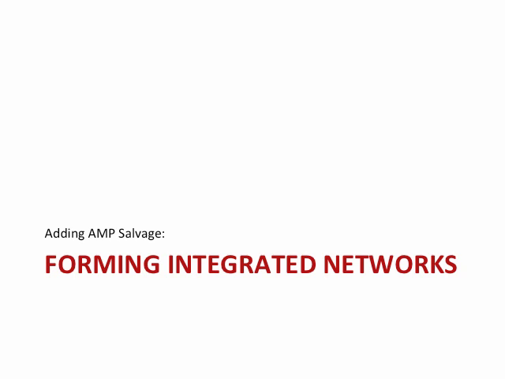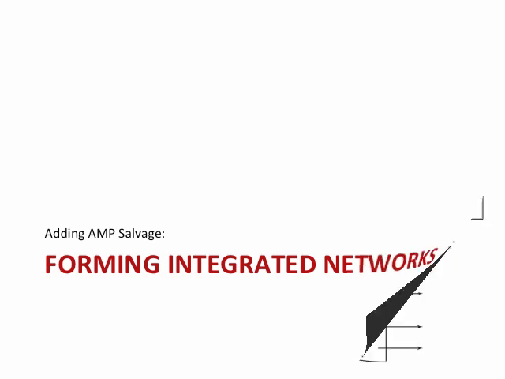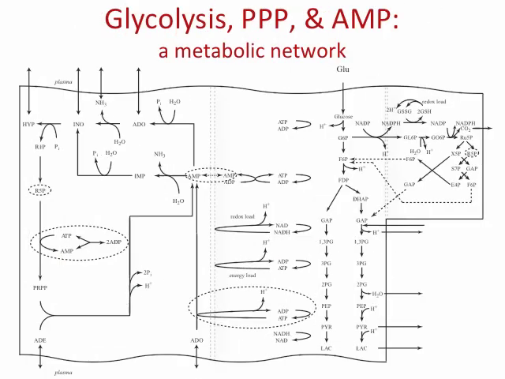Okay, so now we have built a simulator of the purine metabolic network, or module, if you will, and now we need to put it together with the model we had before of glycolysis and the pentose pathway. That is shown here.